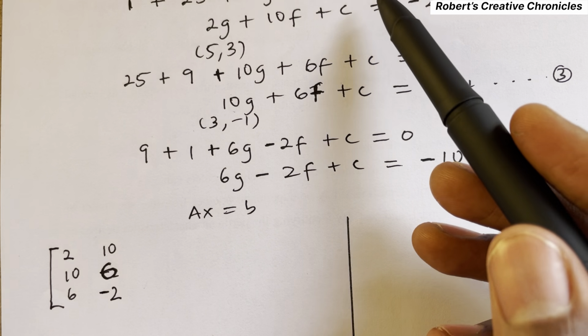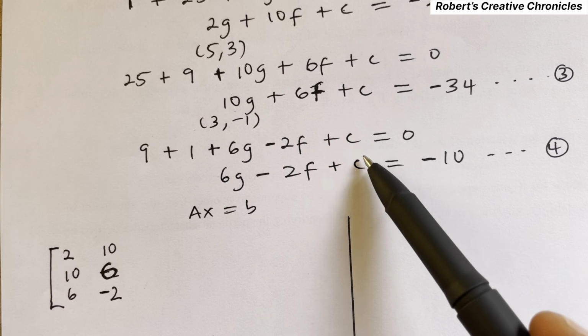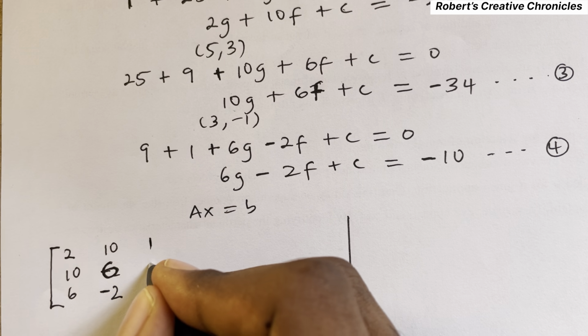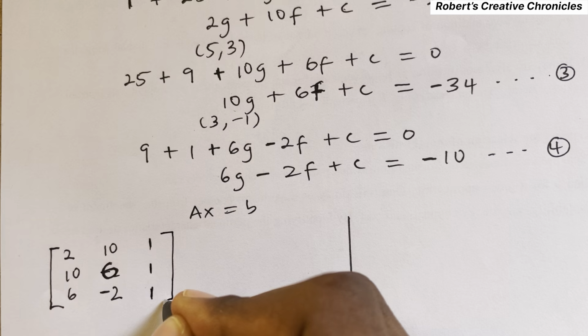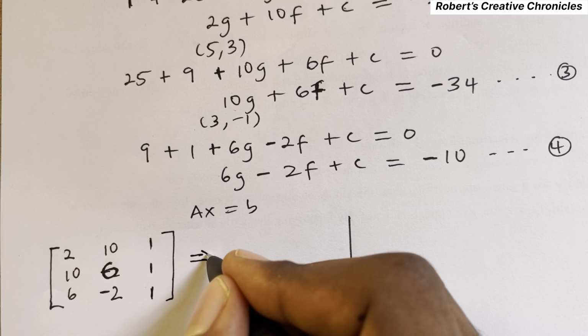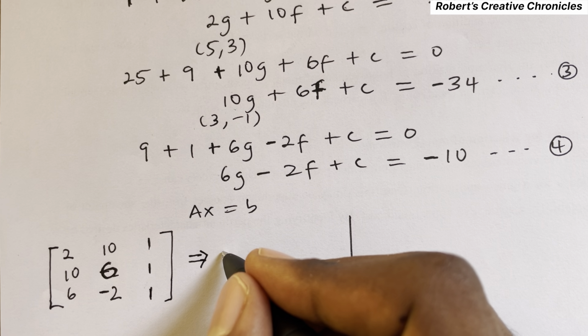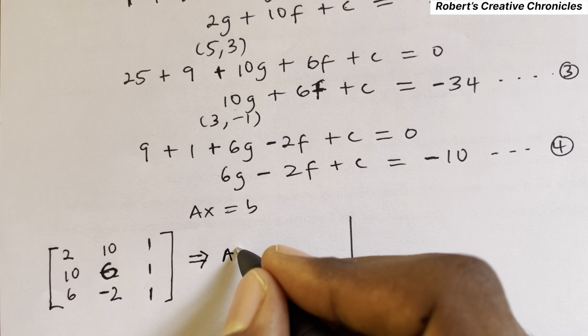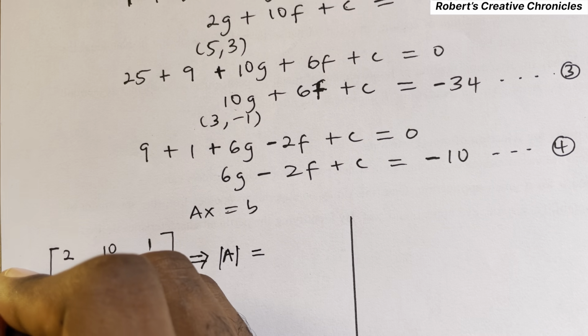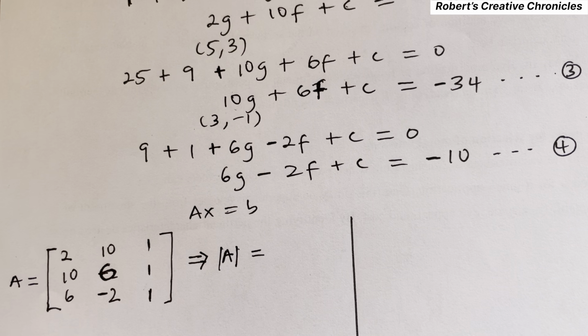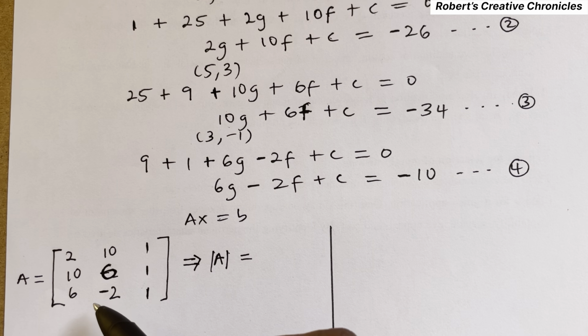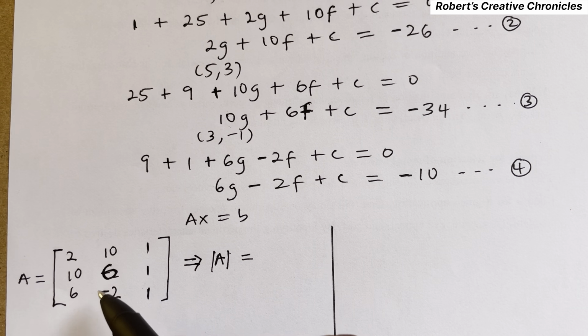Then this is 1, 1, and 1. So this is the matrix of coefficients. We call it A.